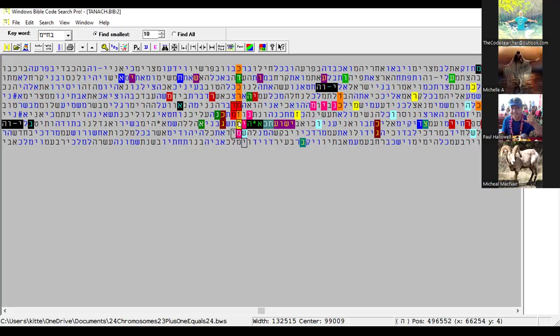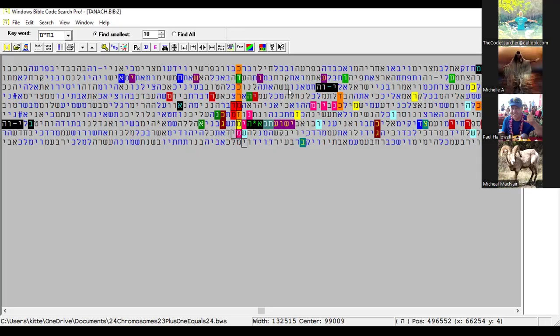So the theory from Ron Wyatt basically is that 23 chromosomes, kaf gimel, were from Mary, and then there was one more from the father.